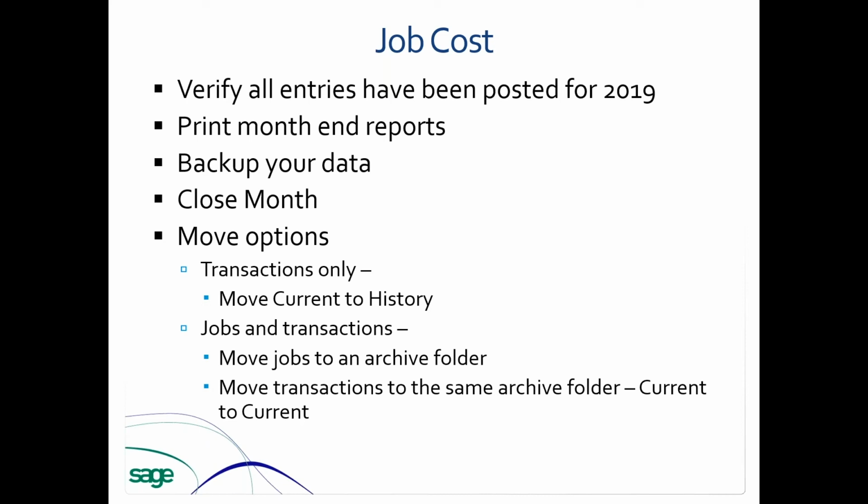If you move jobs and you don't move to a completed jobs folder, but then you move current to history within the current folder, you don't have those two things together. The job cost master file records are in a separate place because you can't have more than one job cost master file in the current folder.